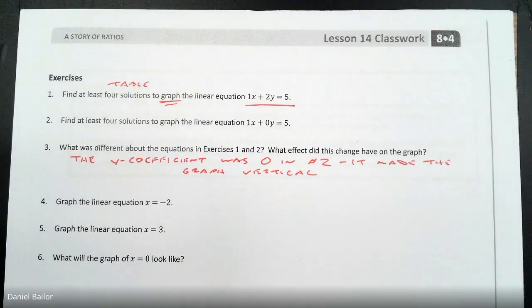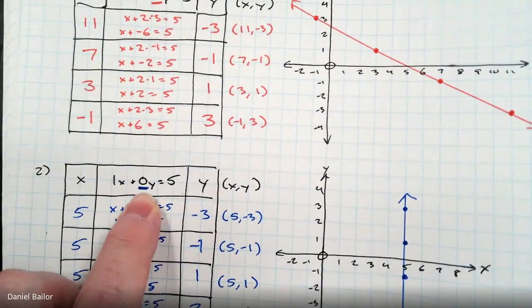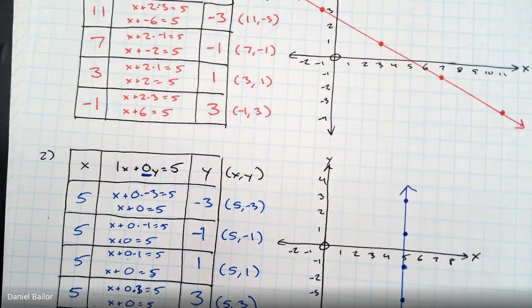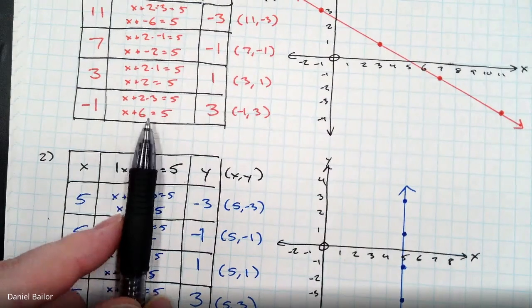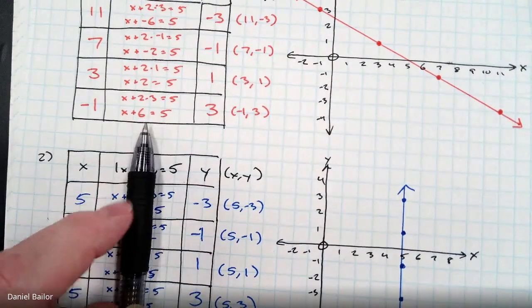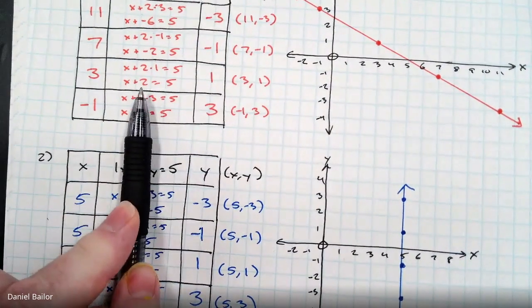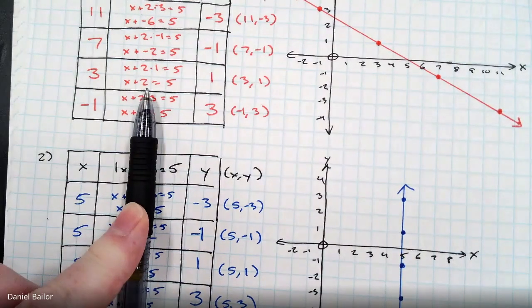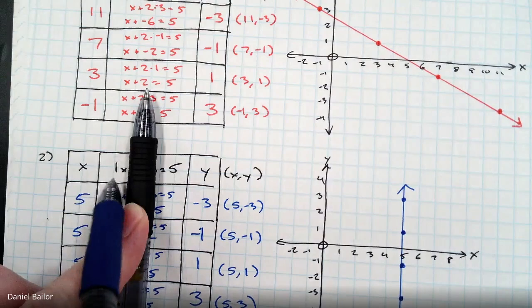So when there is no y, when y goes away, because 0 times y makes the y go away, we can even cover it up. I cover it up with this. When the 0 times y in the equation makes the y go away, we just get x equals something.